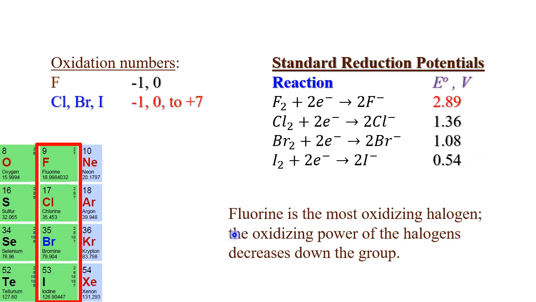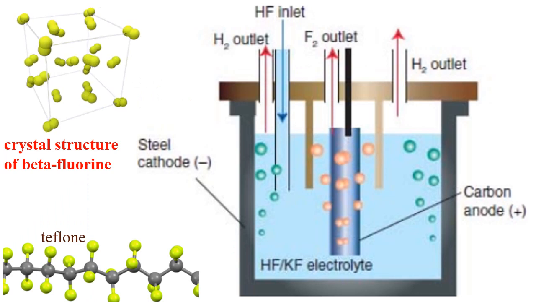So oxidizing power of the halogens decreases down the group. Fluorine is diatomic molecule even in solid state.